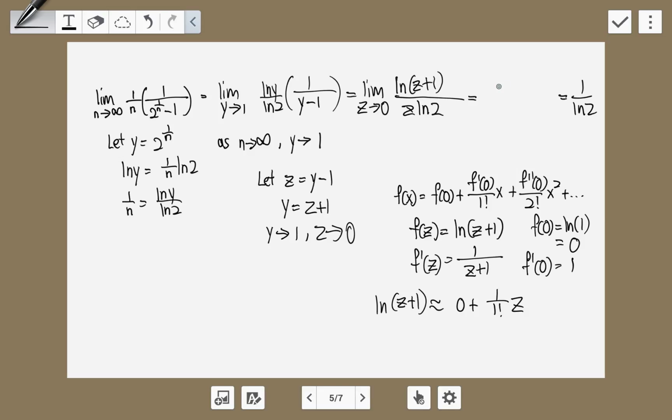So I have the limit as z approaches 0 of z over z ln 2. When this cancels out, I'll have 1, and I don't have anything to substitute in, so it's just 1 over ln 2. This is my limit for this. So you realize, okay, and that's it.